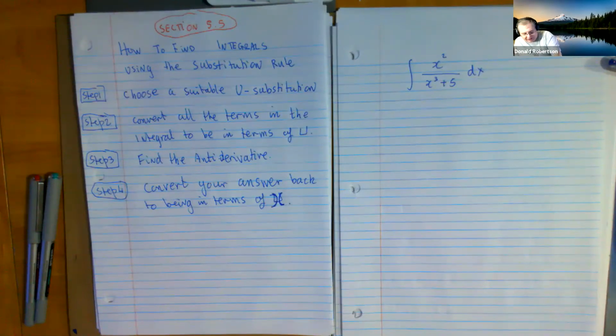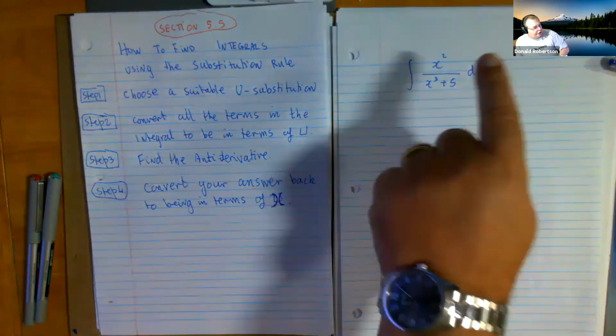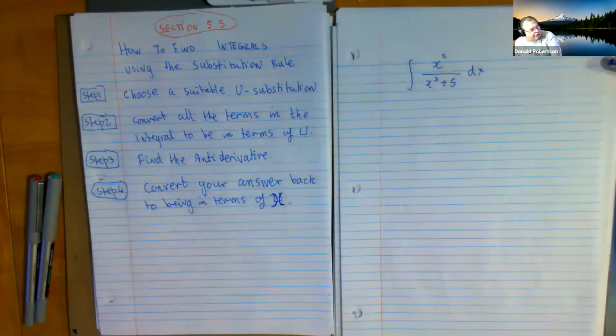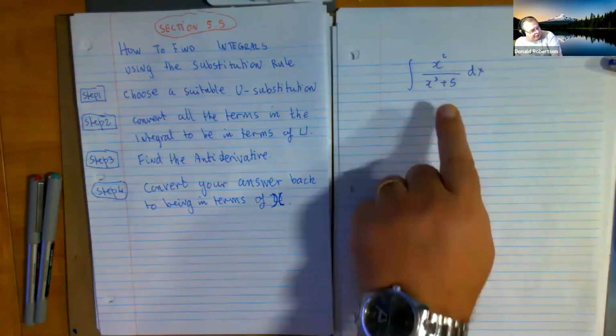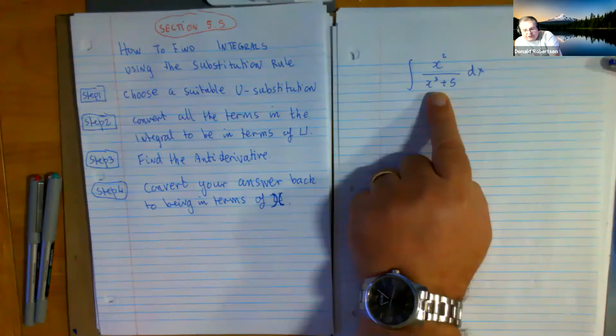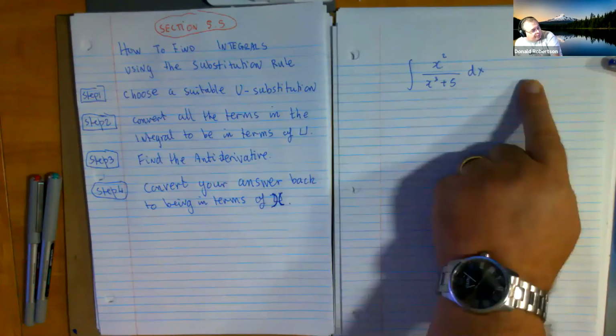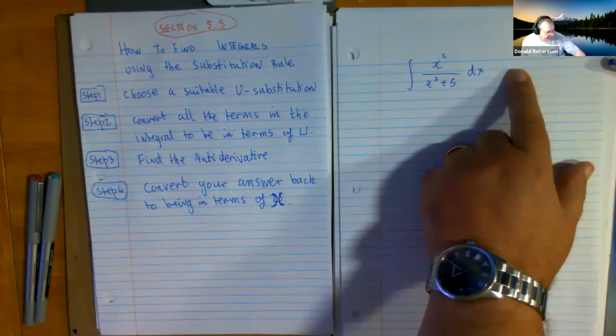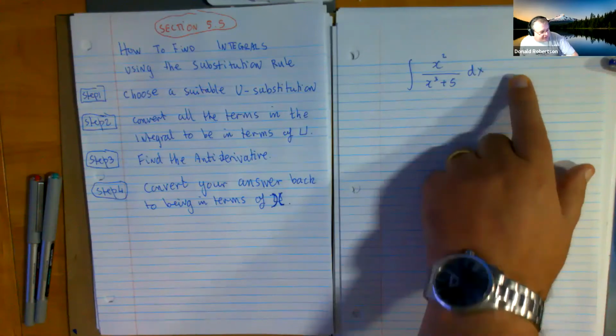Essentially, you're going to take this and turn it into another integral that you do know how to get the answer to. So you're going to use substitution, replacing the x's by other things, and convert it into a new integral that's the same value, but in terms of a different variable. And this new integral has a very nice property that I do know how to get it because it's one of these.